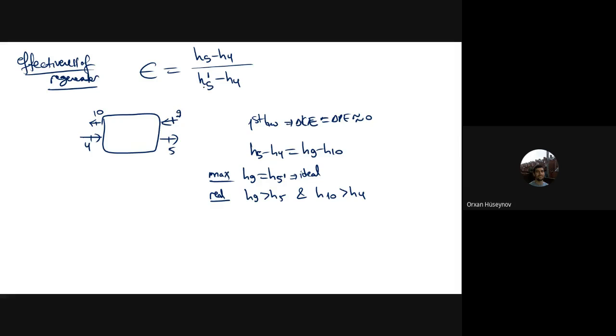This is the effectiveness of the regenerator: the real enthalpy change divided by the maximum enthalpy change. This one is delta H of real, and this one is delta H of ideal. If effectiveness is 1, it means it is reversible, perfect, or ideal. But in reality, effectiveness is less than 1. And this is for the regenerator.